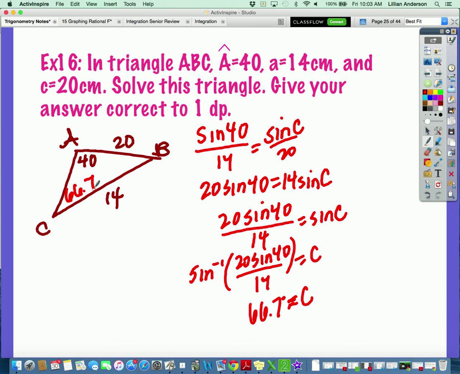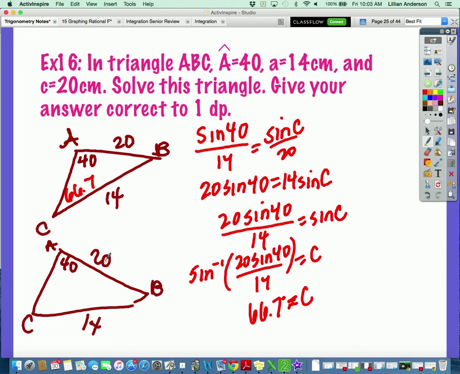You want to find your angle. Then from there, you need to check to see if you're going to have one triangle or two triangles. There's the possibility that you can have a whole new triangle where angle A is still 40, side a is 14, side c is 20, but angle C is going to be 180 minus 66.7, which is 113.3.